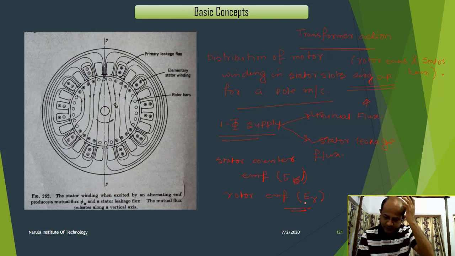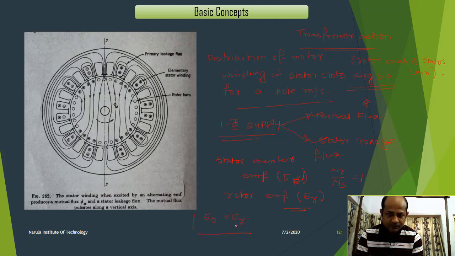Now if the stator number of turns equals the rotor number of turns, that is if NR by NS equals 1, then we can say that ES is equal to ER.